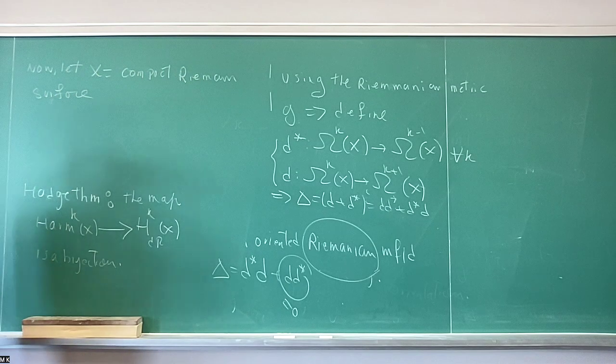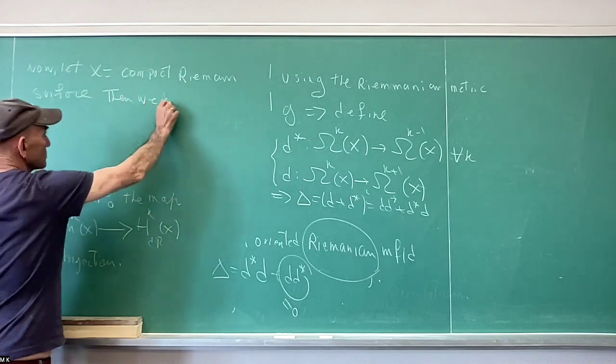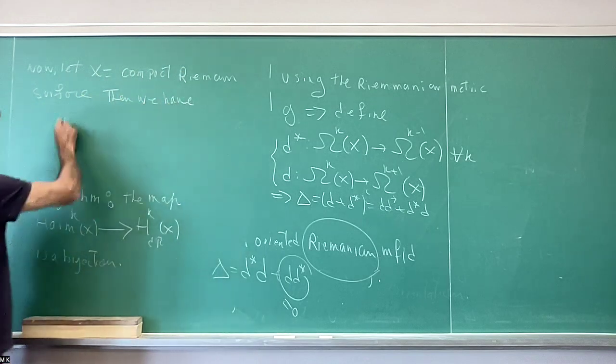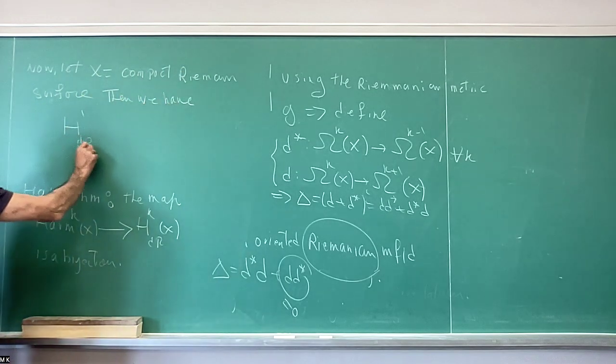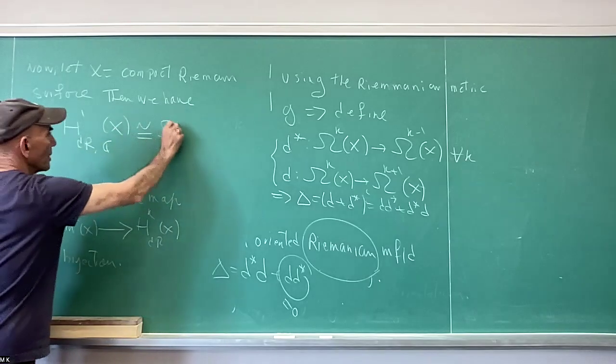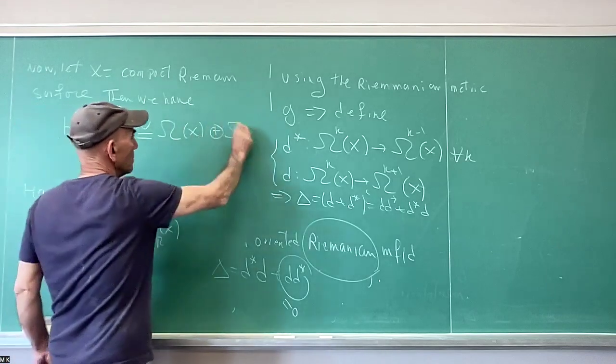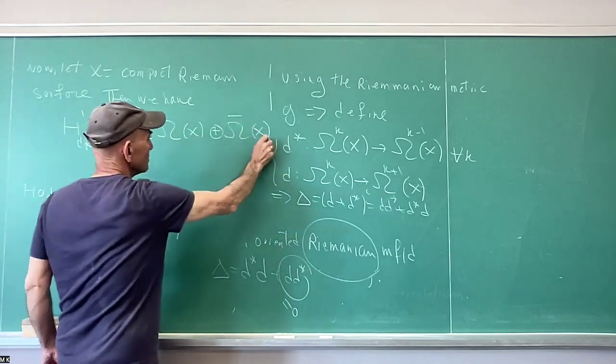Then basically what happens is that H^1 de Rham with complex coefficients of X is isomorphic to Omega(X) direct sum Omega bar(X).